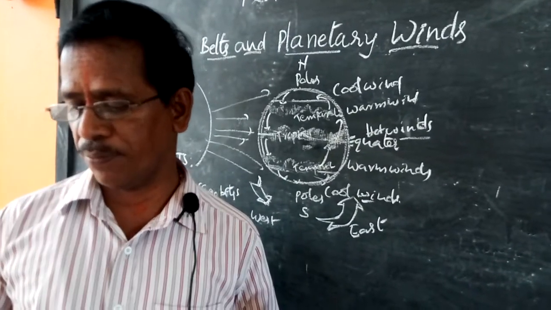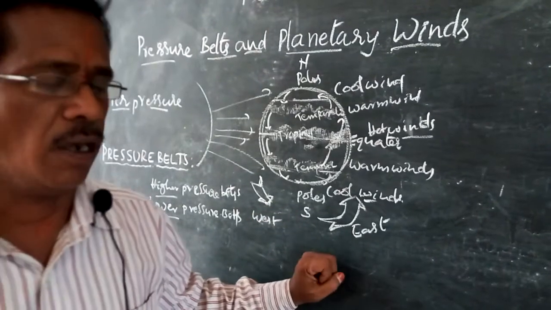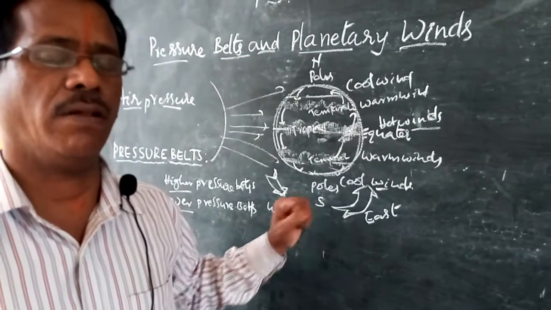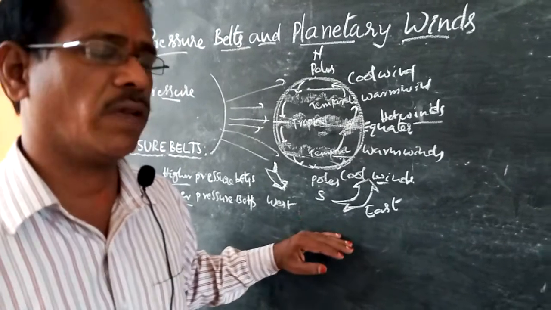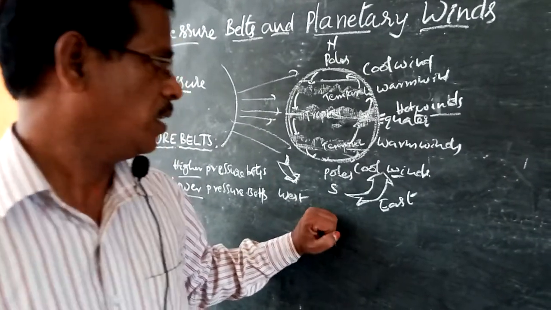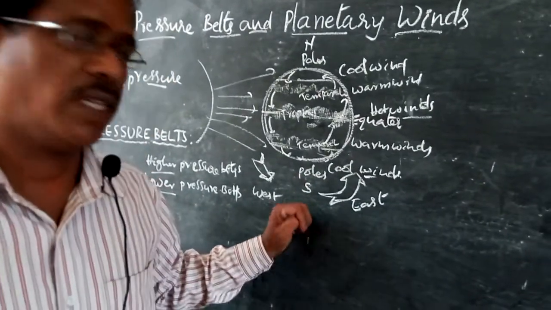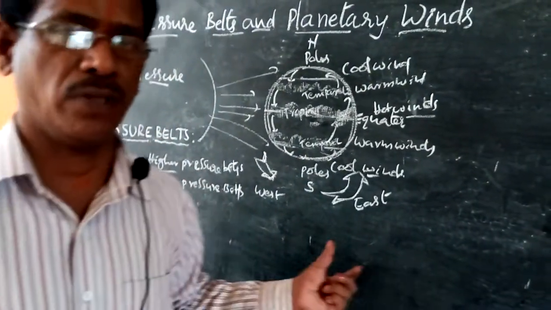So how are the pressure belts formed, and by what process? You know the universal truth that the Earth has two types of forces, the centrifugal force and the centripetal force.